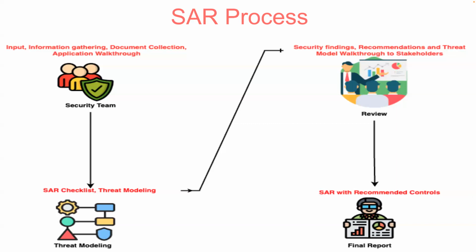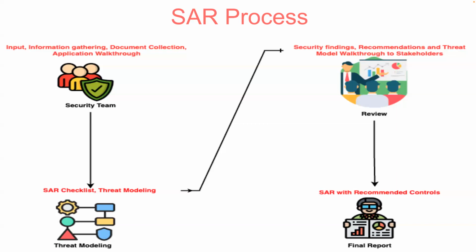This checklist will include questions like scalability of the application, authentication and authorization, how the storage is going to be, and encryption: data at rest, data in transit, right? We'll cover all those questions, what the checklist will include and how it will look, in the next upcoming sessions. But as a basic understanding, this is the process.